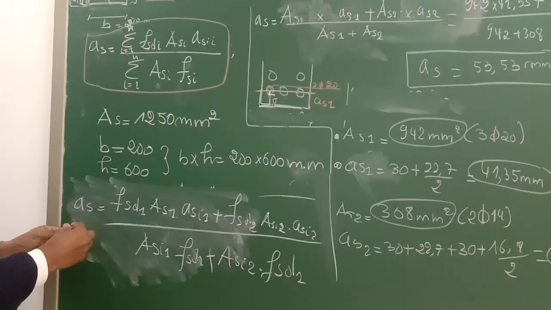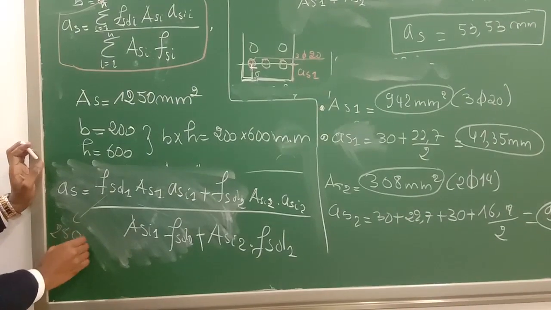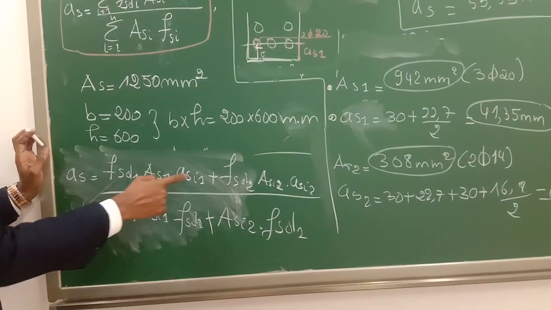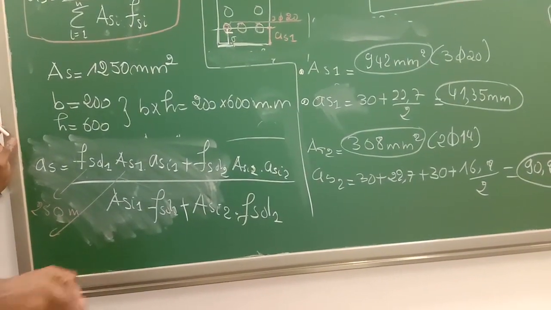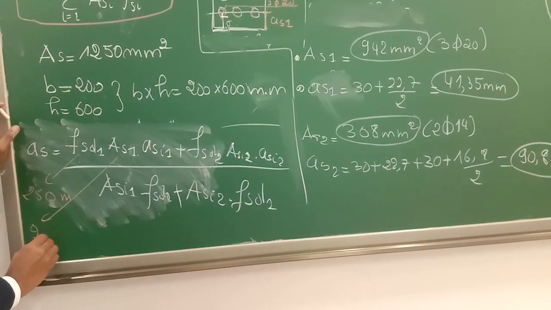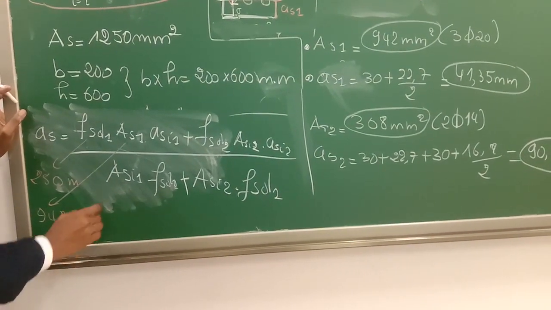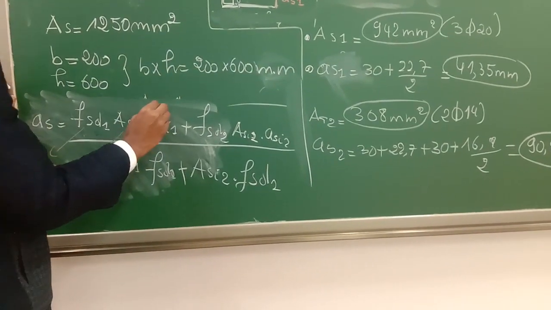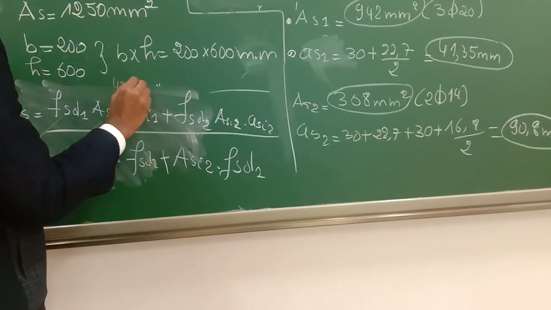We have seen that the FS1 we have already found, it is 2,220. This AS1 here, we have found it also. We say in the book it is 942 millimeter. AS1 is what we just found, 41.35 millimeters.